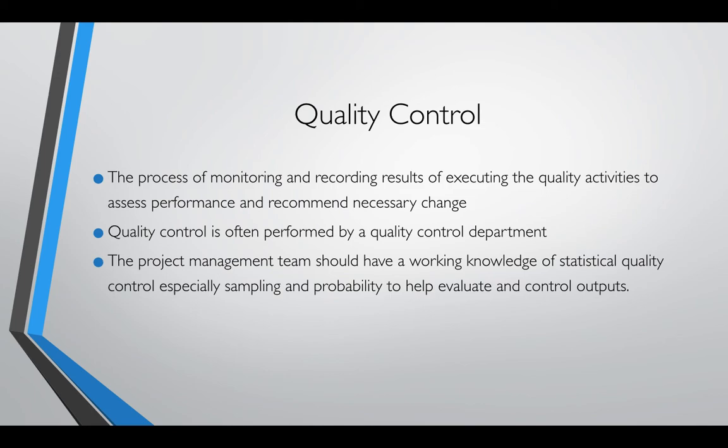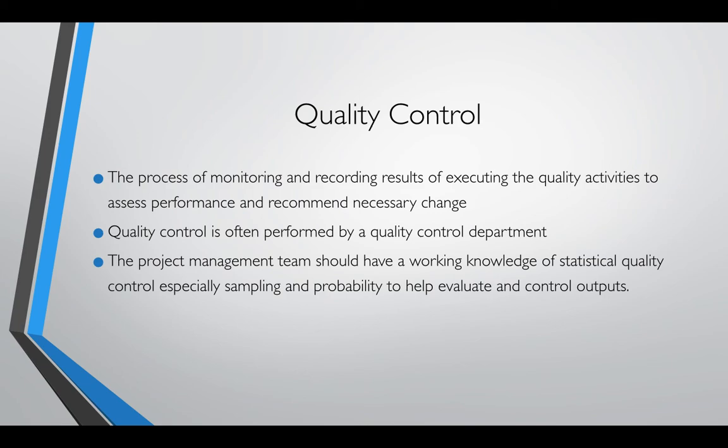The project management team should have a working knowledge of statistical quality control, especially sampling and probability, to help evaluate and control outputs. So the management team should have a knowledge of the reports. All the quality control outputs, they should have records of these.